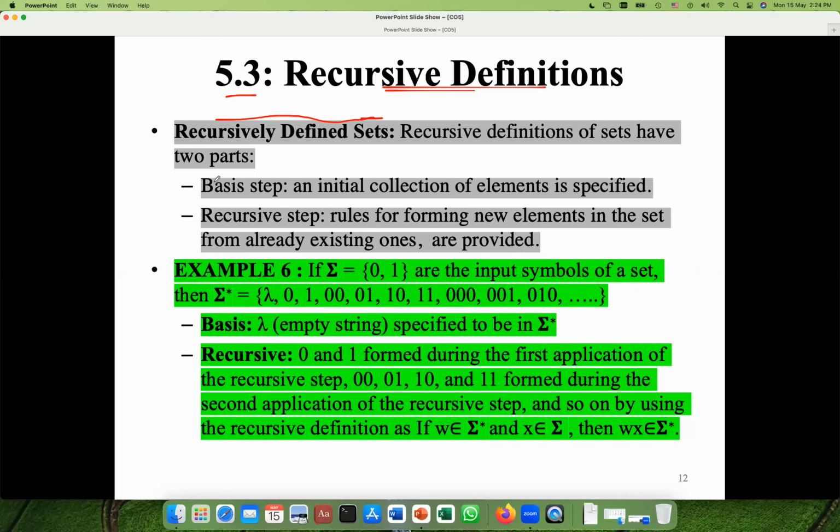Anyhow, for sets, again you have two steps. The first step is the basis step, the second is the recursive step. It is very similar to the previous approach. But here in the basis step, it is written that an initial collection of elements is specified.